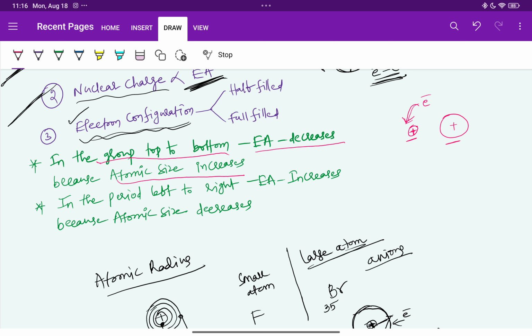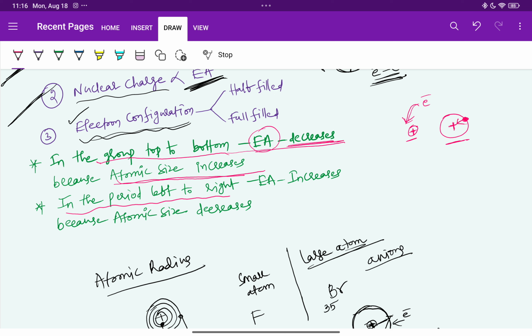But if you take the larger atom, the nucleus is far away from the valency shell, so it cannot take an electron easily. That is why, when you move top to bottom in the group, electron affinity values decrease because atomic size increases. When an atom is big, it cannot take an electron easily, and very little energy releases if it takes an electron.